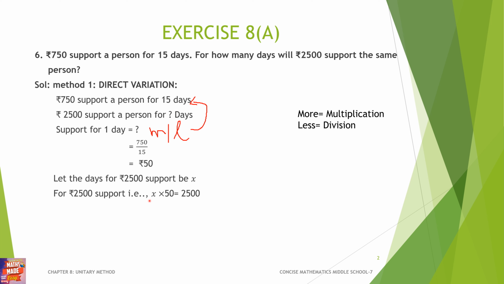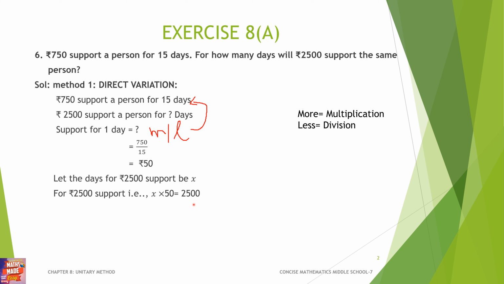That means x, the number of days, into 50. For 1 day he is having 50 rupees, so number of days into per day will be 2500, because he is having this much money and with this money he can survive for x days.